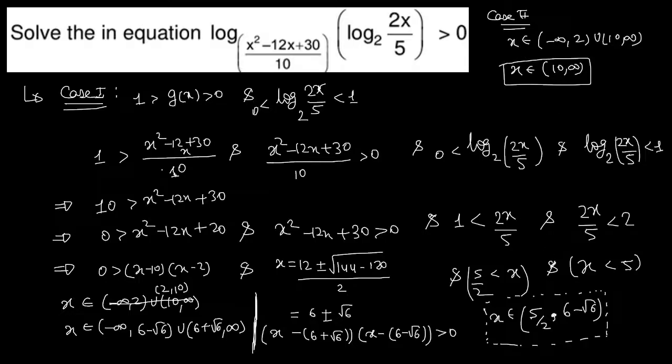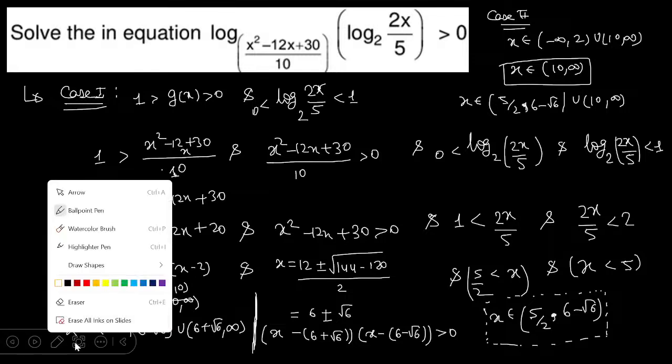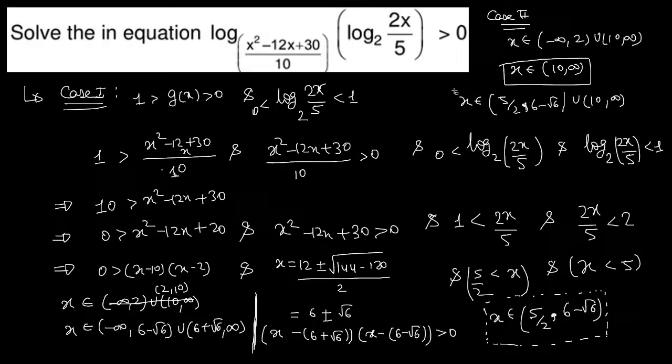If we combine this and this, we are going to get x belongs to 5 by 2 to 6 minus root 6 union 10 to infinity. So this is what we are going to get, and the answer is correct.